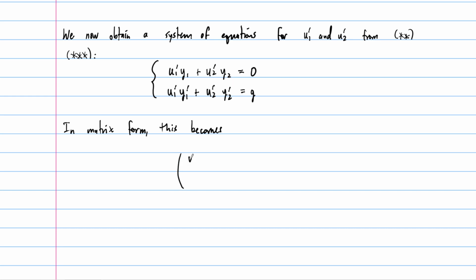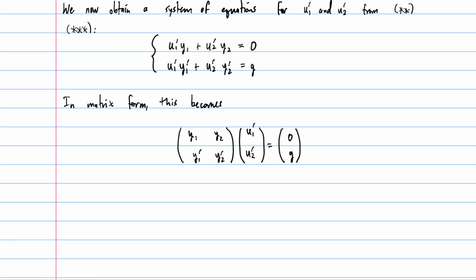So in matrix form it looks like this: y1, y2, y1 prime, y2 prime, the unknowns are u1 prime, u2 prime, and the right-hand side is 0 and g.